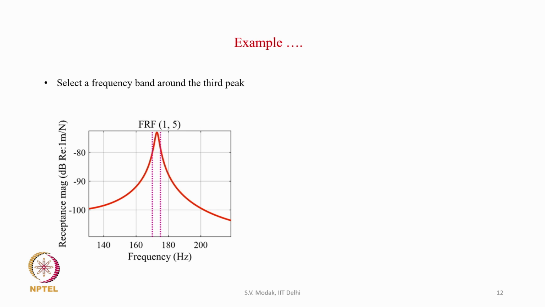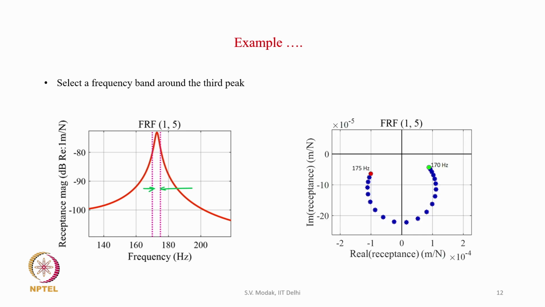And then we select a narrow frequency band. You can see this is the frequency band we have chosen around the third resonant peak. Let us look at the Nyquist plot of the FRF in this narrow frequency band. There are 21 frequency points in this narrow frequency band, and the band starts from 170 hertz and ends at 175 hertz.